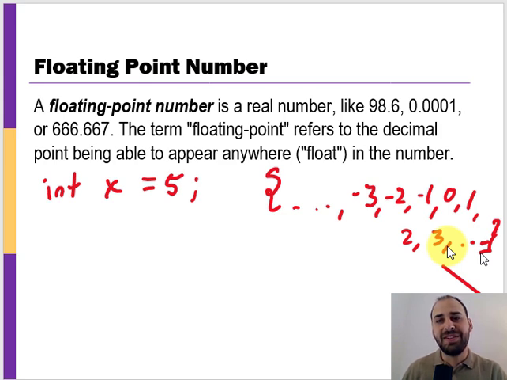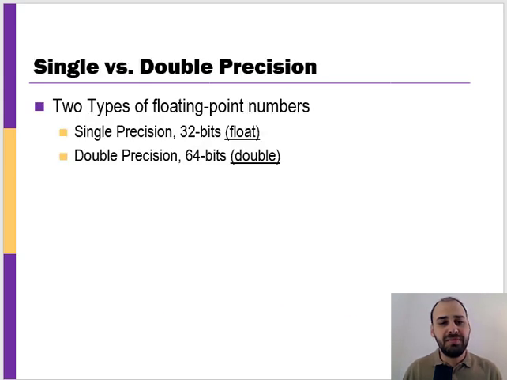That's just the definition of the set of integers. When we look at floating point numbers, we're able to store things like 98.6 or 666.667.